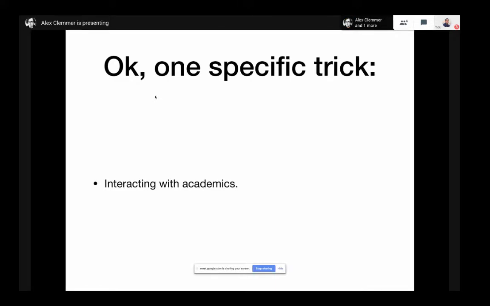Actually, I do have one specific trick. My one specific trick that I'm going to share is how to deal with academics. I think there is a common failure mode among people who study Native culture and, especially, linguistics.